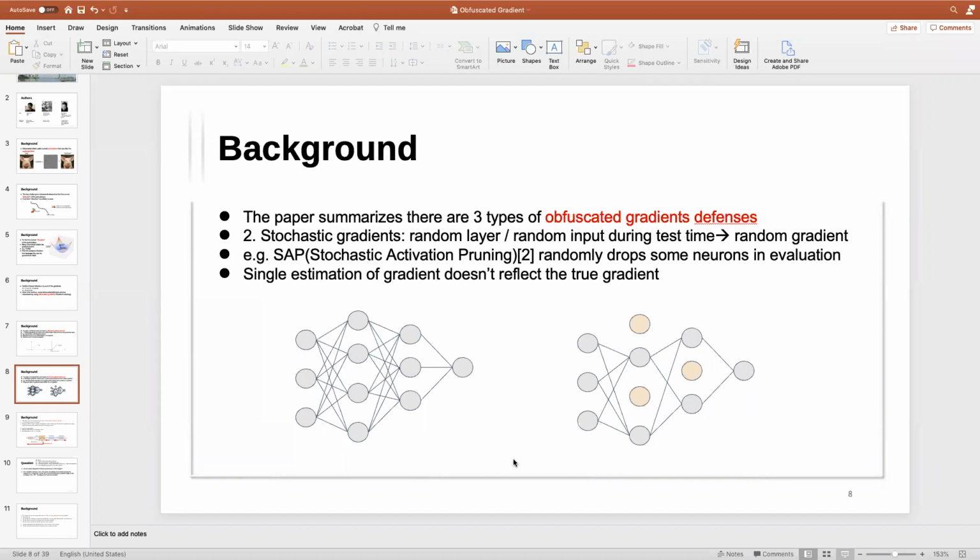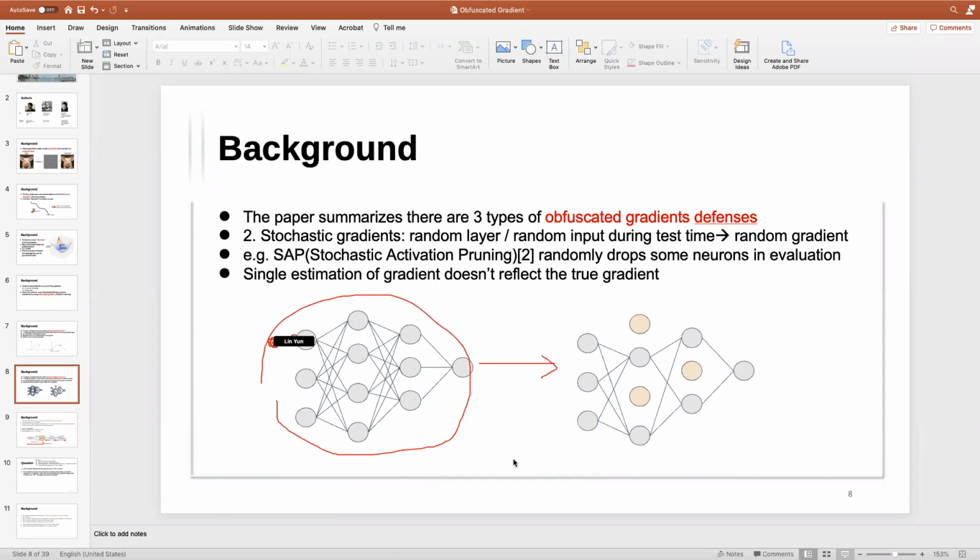Let me repeat the question here. This is the original neural network model, and these models defend against attacks by dropping some neurons. The original adversarial attack will indicate that we need to change the pixels here, right?